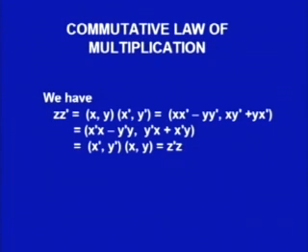So, the multiplication has been commuted here, and z into z dash is equal to z dash into z. This is the commutative law of multiplication of two complex numbers.